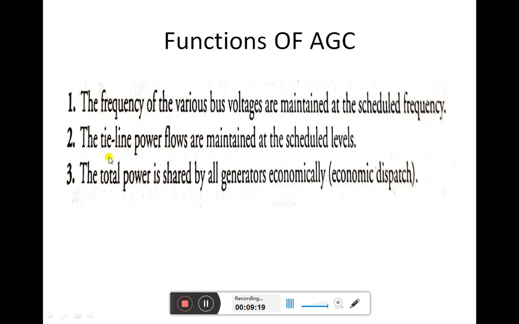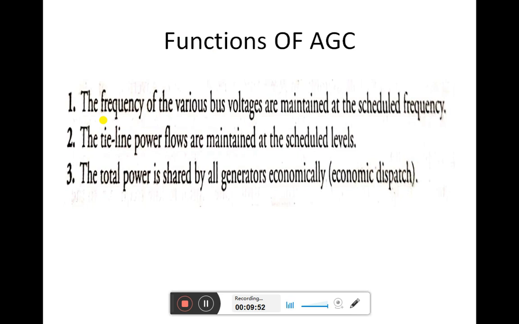Then the next one is that the tie line power flows are maintained at a scheduled level, and the third important function AGC is supposed to carry out is that the total power is shared by all the generators economically, or in short we can call this economic dispatch also. So in all the generators in which AGC is connected, it will be carrying out these three important functions.